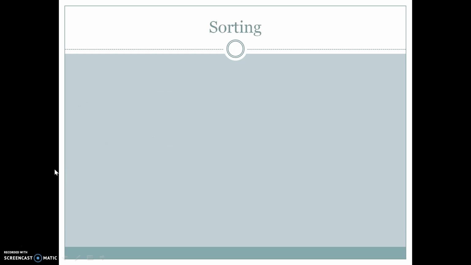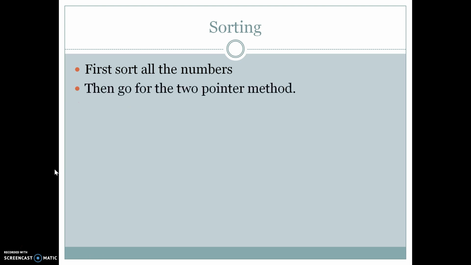How about sorting? If we sort all the numbers from smallest to greatest, what we can do is use the two pointer method. That is, point the first pointer at the beginning of the array and the second pointer at the end of the array, and check for the given sum. If the sum of these two pointer elements equals the given sum, then excellent, we have got the answer.